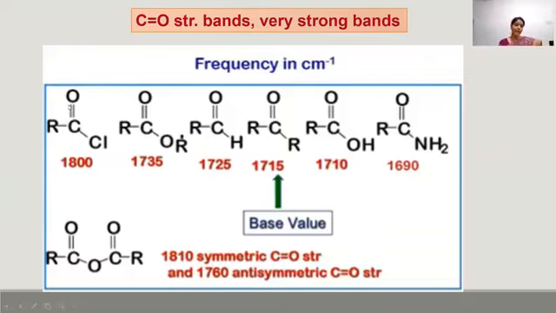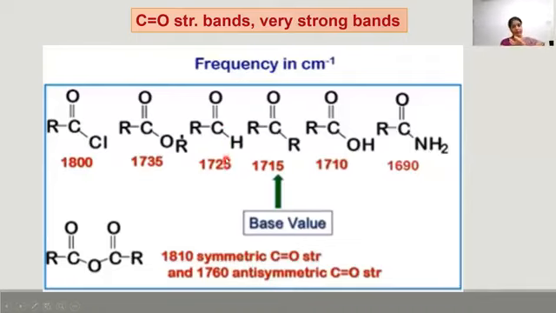For example, in the case of acid chloride, RCOCl, the carbonyl group shows absorption at 1800 centimeter inverse. Esters, RCOOR, show absorption at 1735 centimeter inverse. Aldehyde shows absorption at 1725 centimeter inverse.